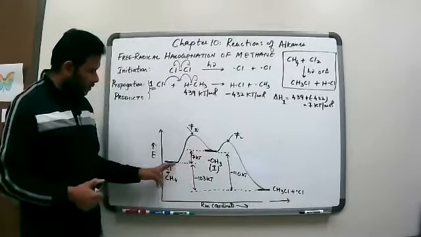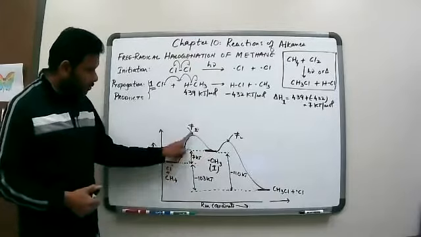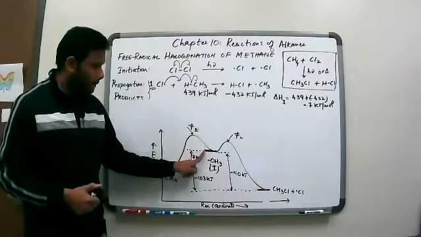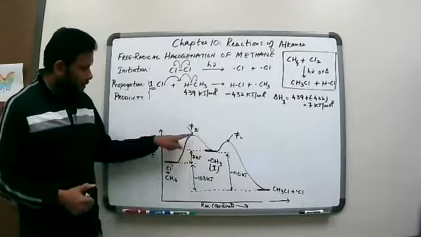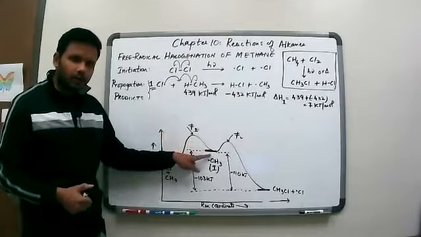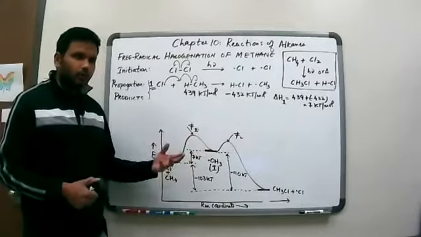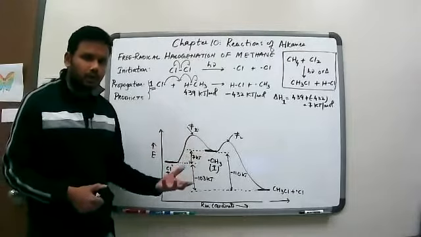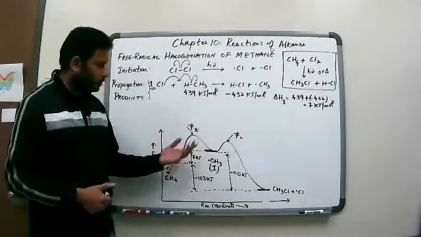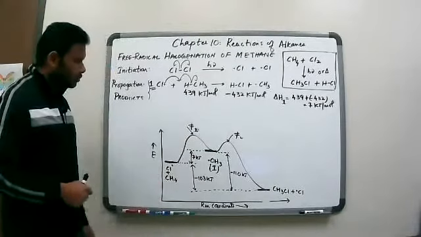So if we look at this reaction profile here, this is an endothermic reaction, which means the transition state is closer in energy to our product. So the transition state should look more like our product. Okay, so the transition state should have a lot of resemblance to the product itself.